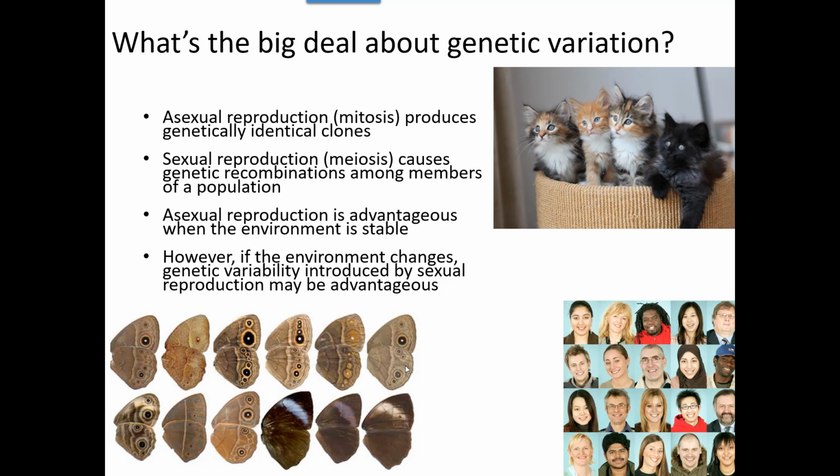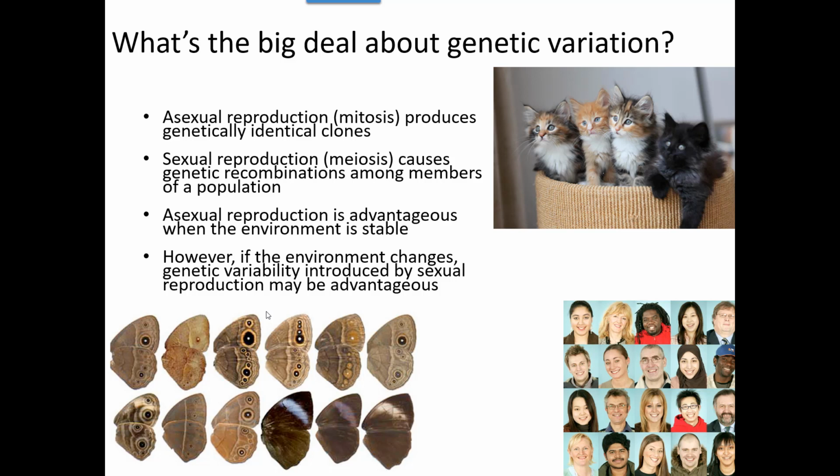If the environment changes, because you can have so many differences, it's more likely that one of these differences is going to be advantageous. It blends in better with the environment and hides from some type of predator. It's going to be an advantageous difference. And so whatever organism it is survives. It increases the likelihood of survival.